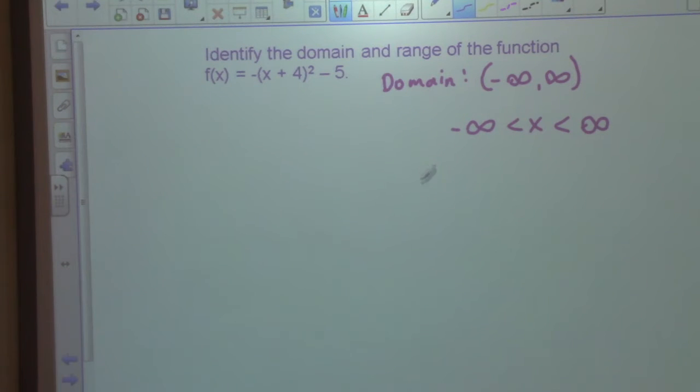And what is the range of this function here? So negative infinity to -5. Bracket, right?